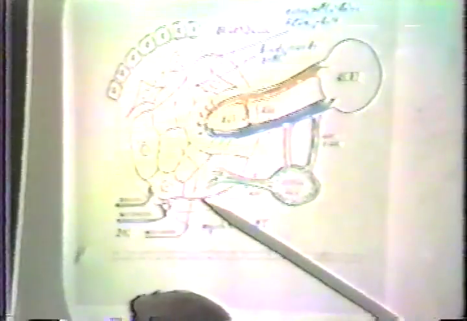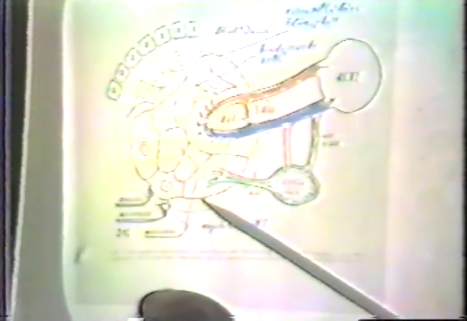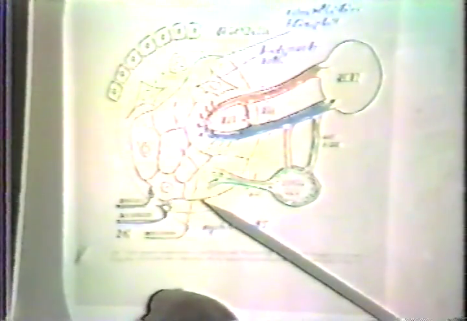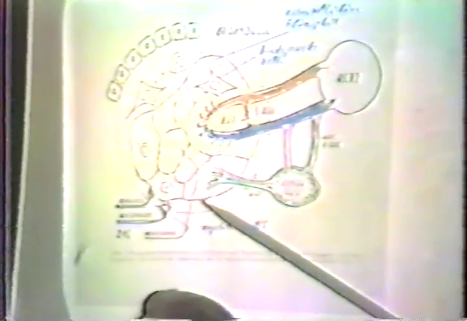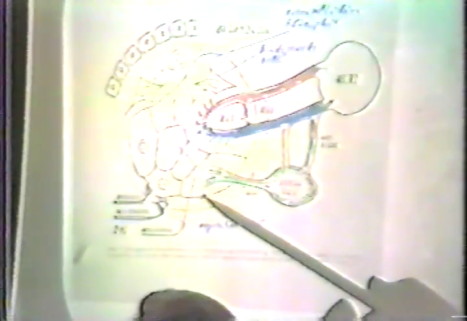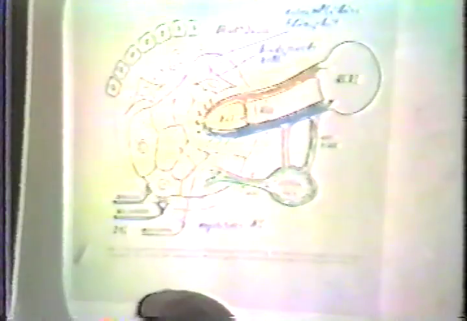The basic regulatory system can, in case of disturbances that are of a rather small intensity, locally regulate.